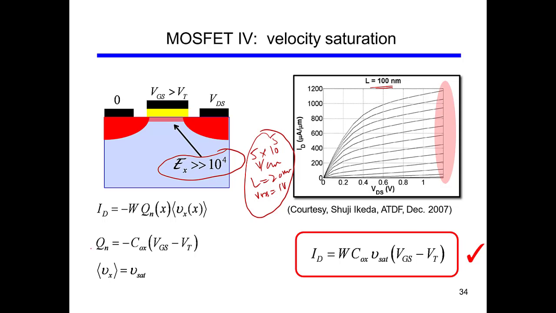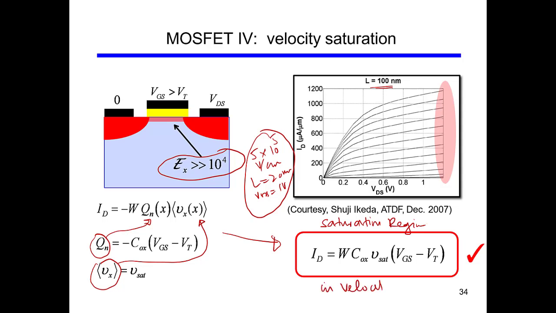If we start with the same formula, we can put in the charge and the saturated velocity, and all this gives us the equation ID equals W times Cox times Vsat times (VGS minus VT). This is the equation that explains the saturation region in the velocity saturated model.